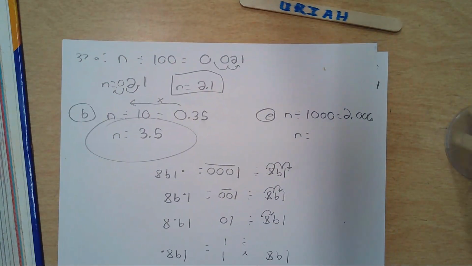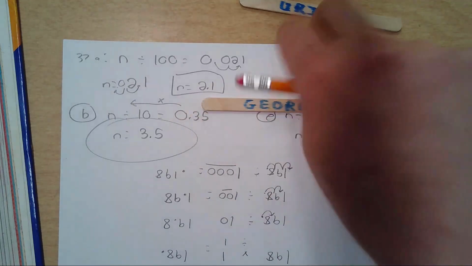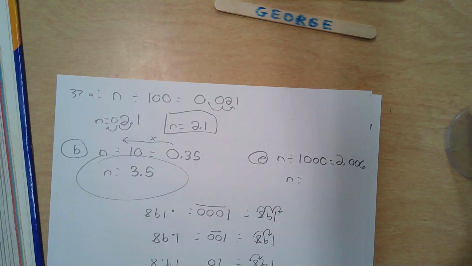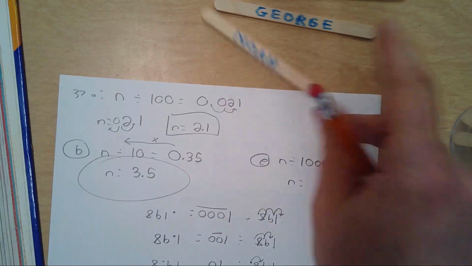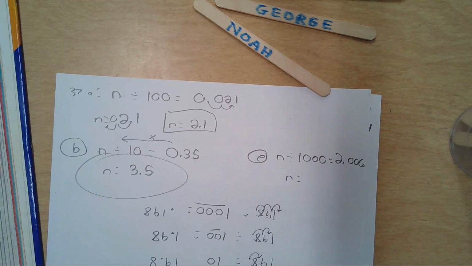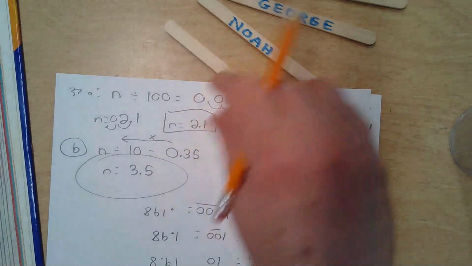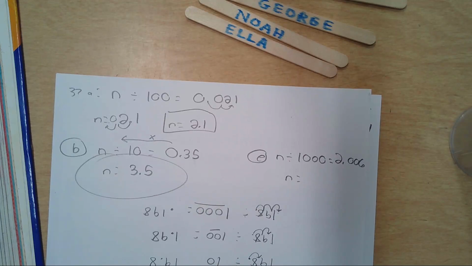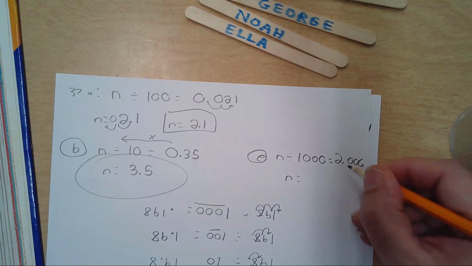All right, E, what is n, George? It is 206. Not quite. Noah? 20 and 600, or tens. Nope. Ella? I can't read mine. You can just go on.